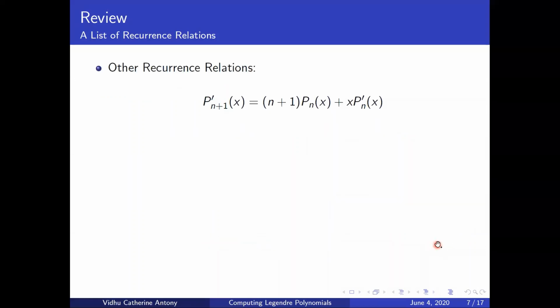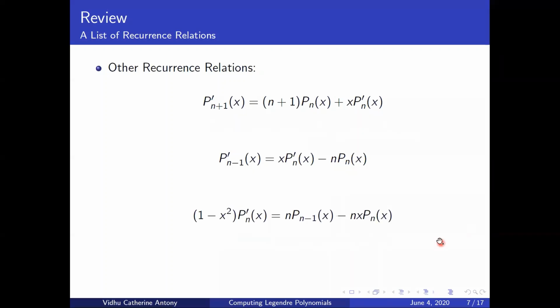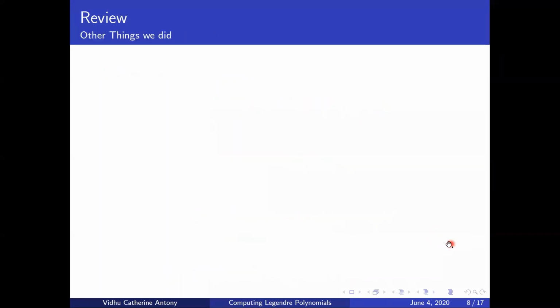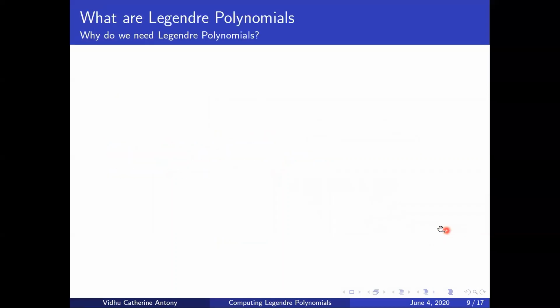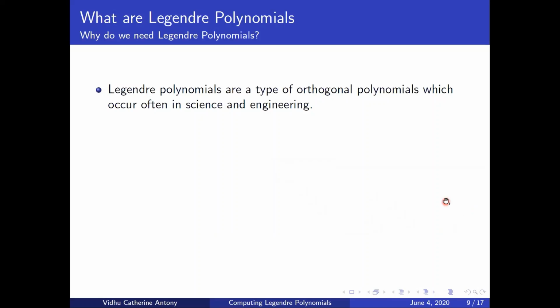So all the other recurrence relations have derivatives of the Legendre polynomials involved in them. The other things that we did last semester were finding the orthogonality relations, looking at the completeness of the Legendre polynomials, and looking at the Rodrigues formula. Now we're going to look into why these Legendre polynomials are important.